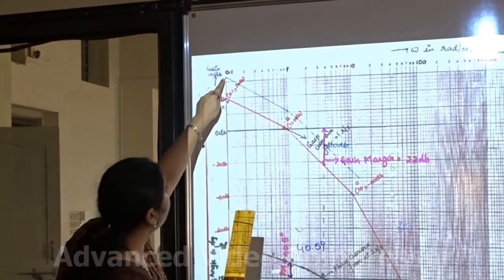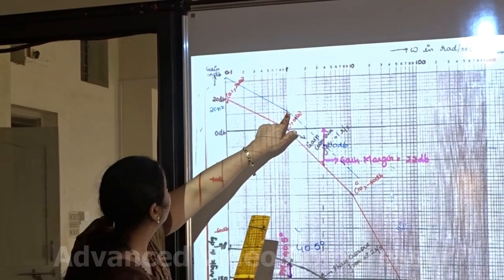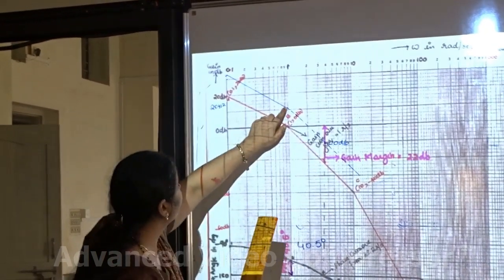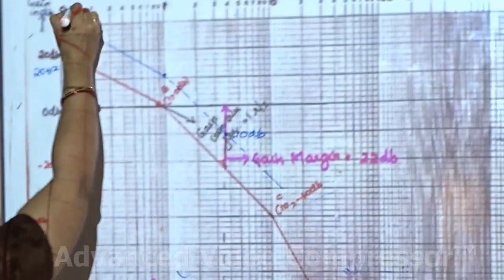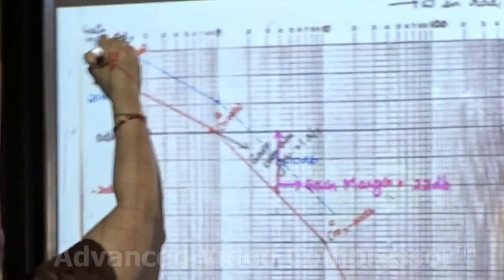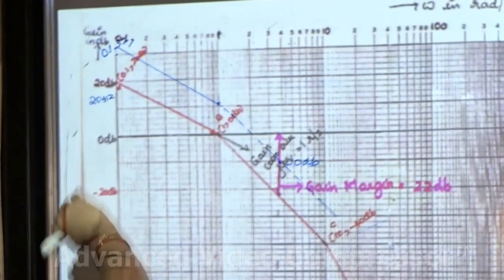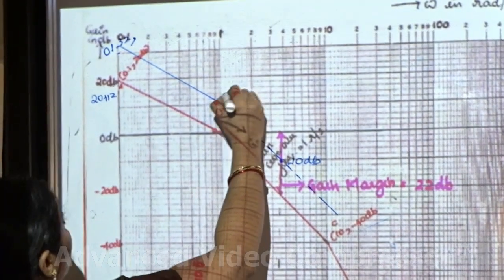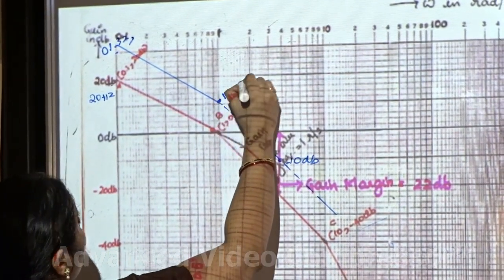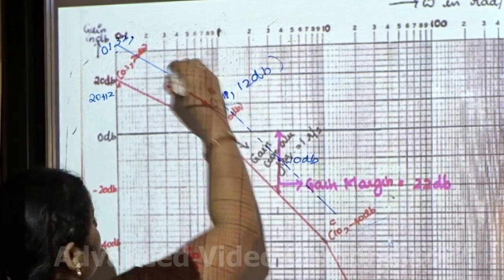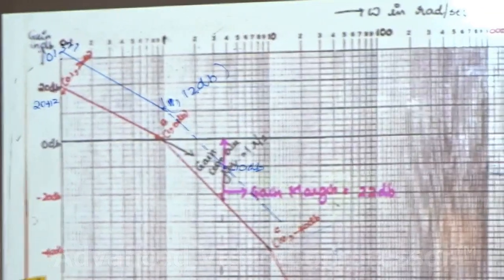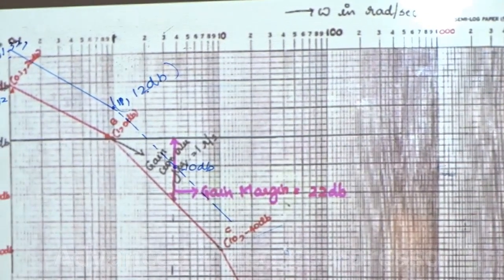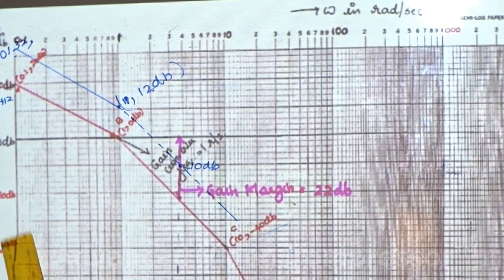See, from 32, come down to 32. So you have to come down to this point here. That is how much? 32. This is 0.1 at 32. Minus 20 is 12. So here it is 1, 12 dB. Difference is 20. Then if this is 12, you have to come down by 14. Hence, how much will that be? It will be around 28.